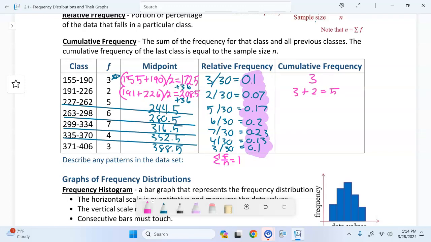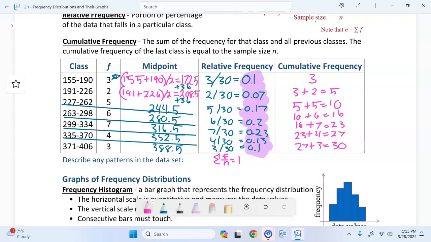And then the third one, we add the third frequency to the previous total. So we take the previous one, add the next frequency, 10 plus 6, 16 plus 7, 23 plus 4, and 27 plus 3.